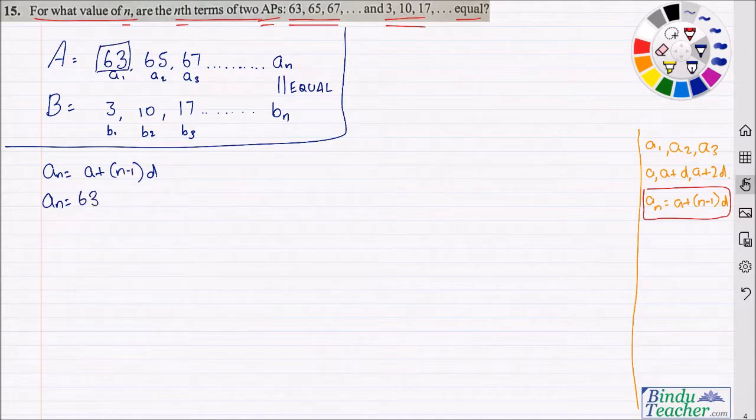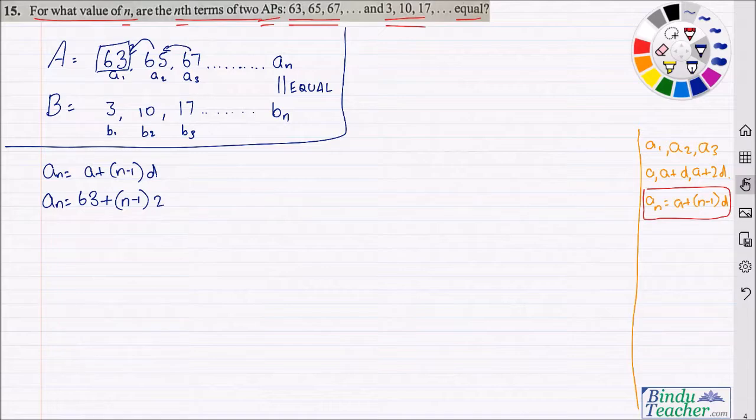So I'll write 63 plus n minus 1, we do not know n, and then D. D is the common difference. So D can be easily calculated just by looking at the arithmetic progression. So 67 minus 65, which will give me 2. 65 minus 63, which will also give me 2, right? So the common difference is 2 here.